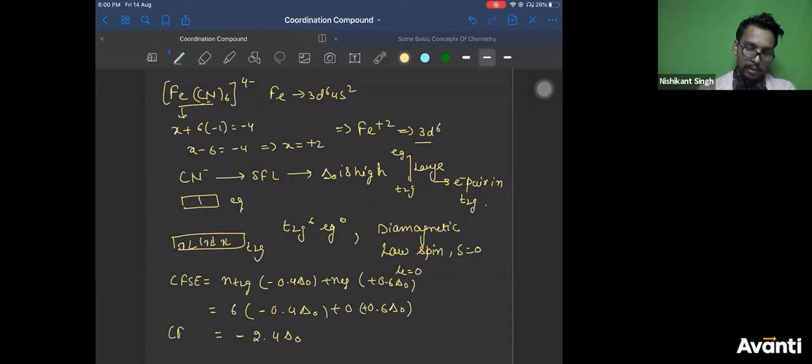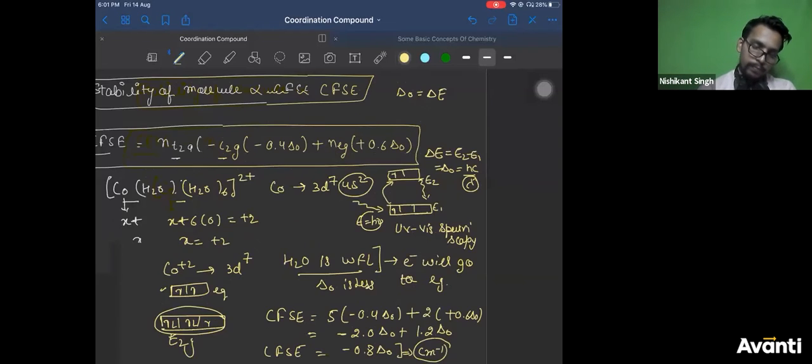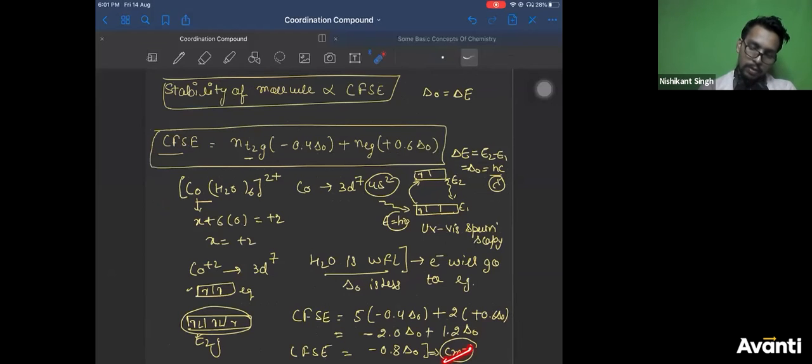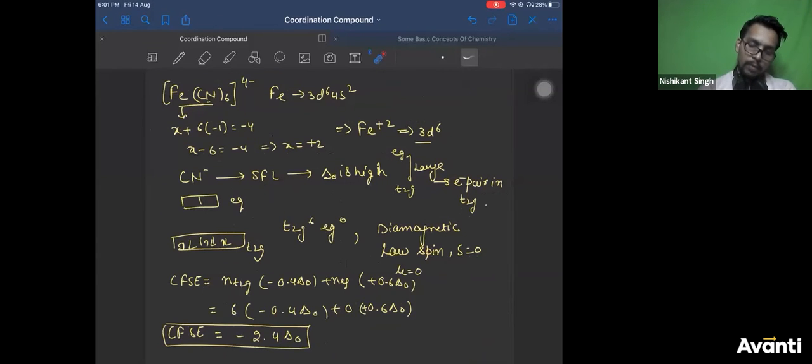CFSE is more negative. So if somebody asks which complex is more stable out of these two, you'll say this complex is more stable because its energy is less. The lesser the energy, the more the stability of the complex. Do not consider the negative sign as part of the magnitude. What happens if the oxidation state is plus 1?